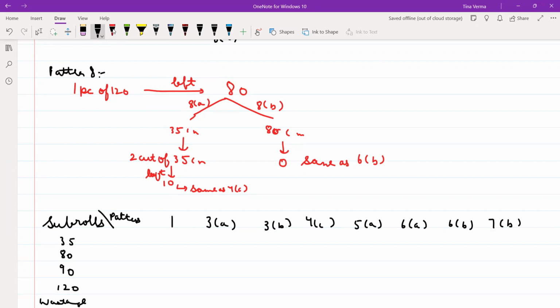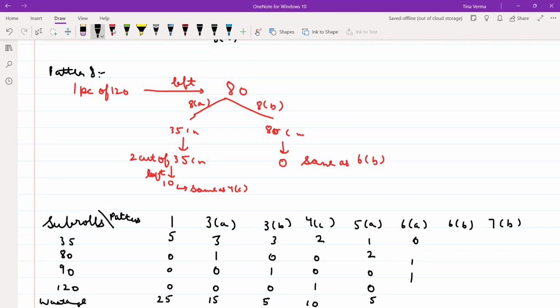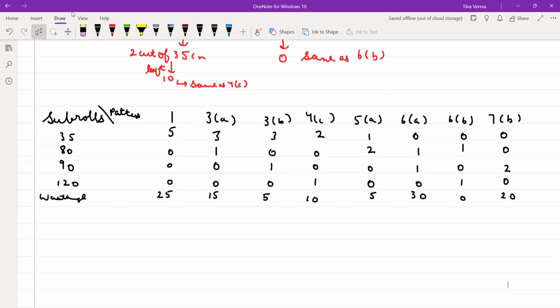So for the first pattern, you have cut 5 of this, 0 of all others, and you are wasting 25 centimeter. 3A is... So these are your different patterns, and the same patterns have been discarded, right?